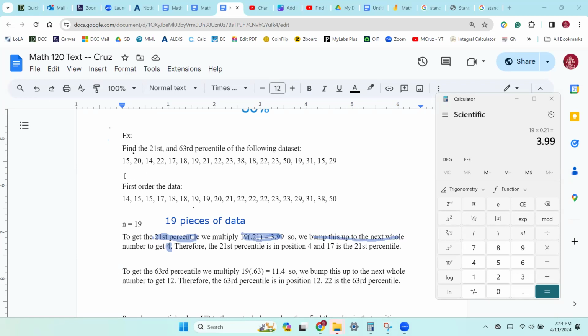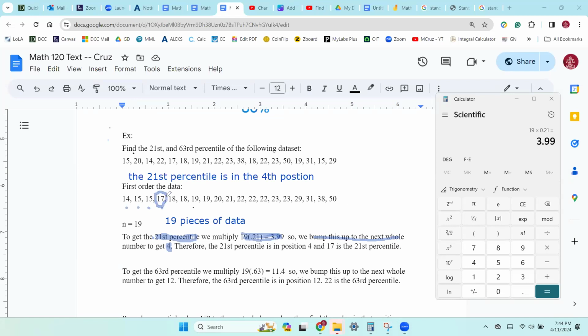So I'll put here the 21st percentile is in the 4th position. All right. So what's the 4th position? 1, 2, 3, 4.